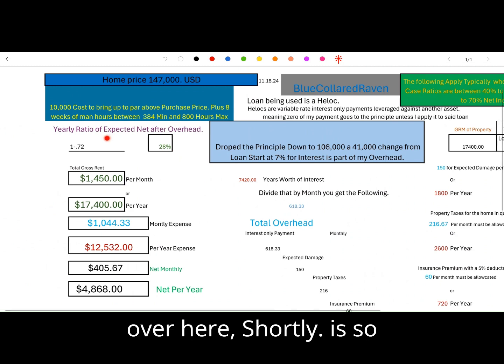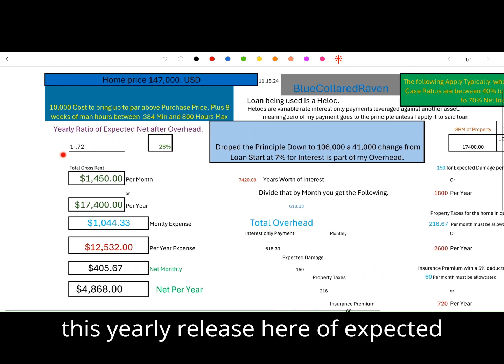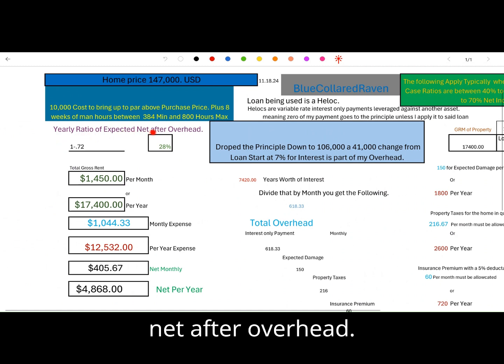Over here is the yearly ratio of expected net after overhead. So this one represents 100% of the year's gross income. This negative 72% is this down here, the expense for the year.